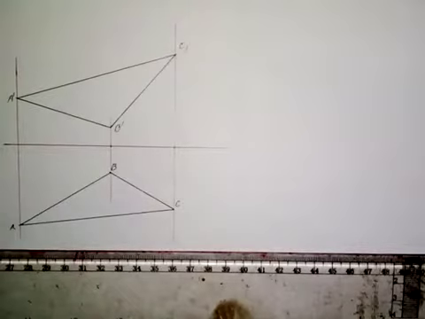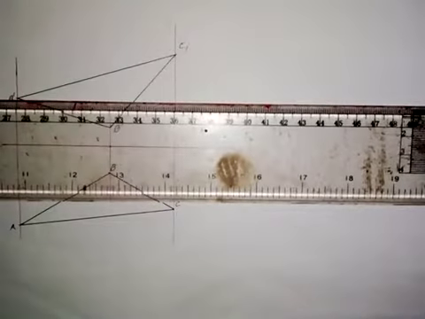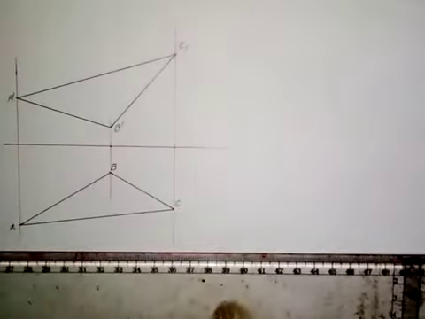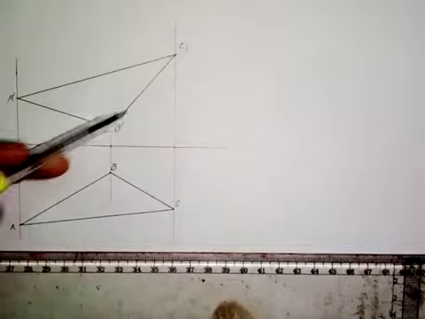What you need to do next, after you have copied the given views, is to come to this point in the front view, this point A prime. As you can see here, I label this as A, B, C, while this one is A prime, B prime, and C prime.